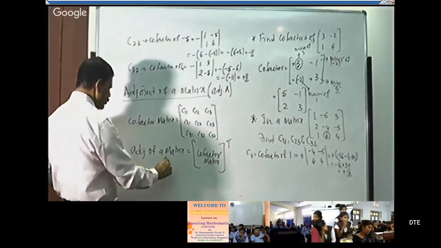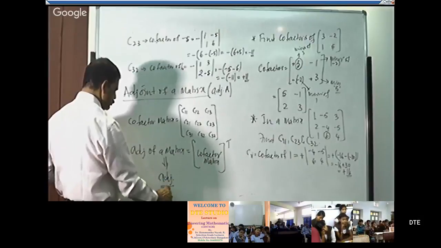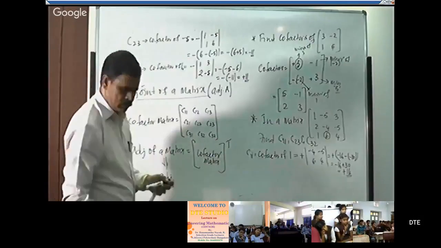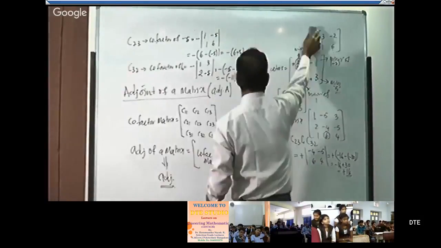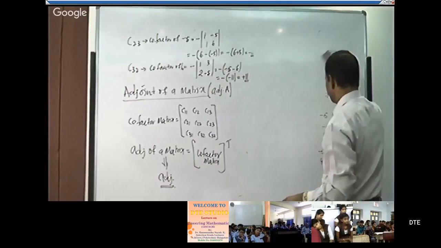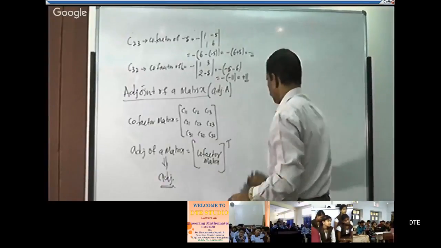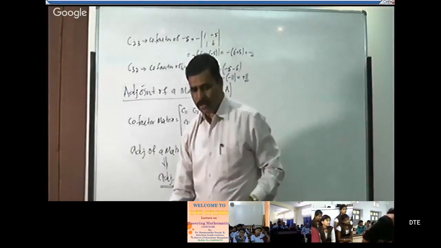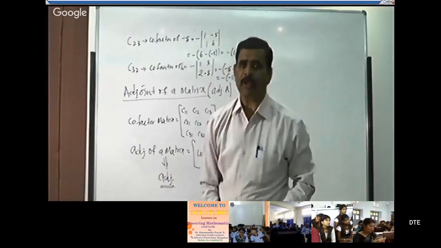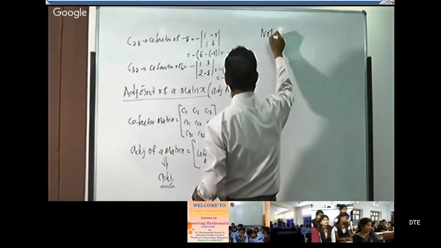It is always denoted like this, adj. To get the adjoint of a matrix, first we need to write the cofactors of that matrix. After getting the cofactors, we can transpose it. Please note these 2 points.